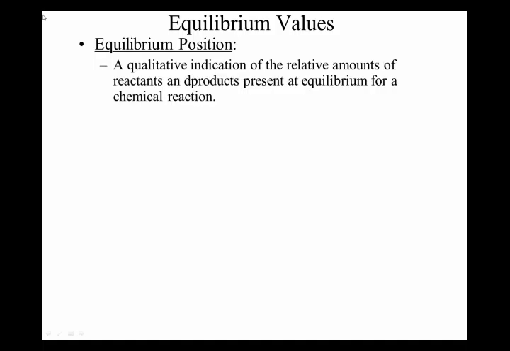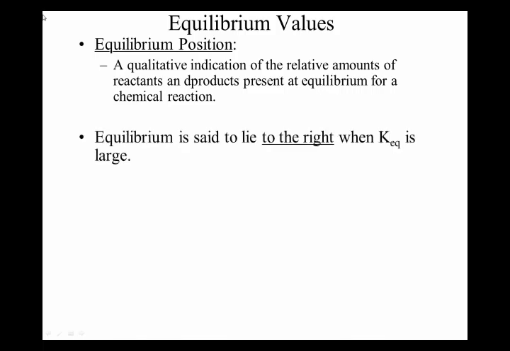We're taking the abstract idea that the reaction is proceeding from left to right, from reactants to products. So if K is very big and there's a lot of products, we say the equilibrium lies far to the right. It lies to the right because that's where the products are. It got pretty far to the right.